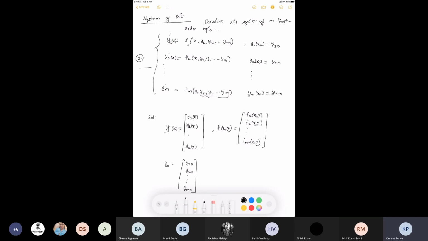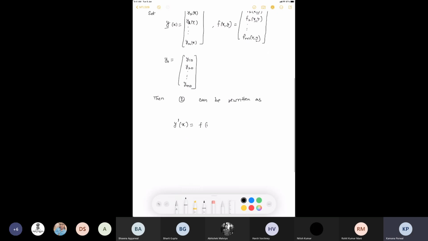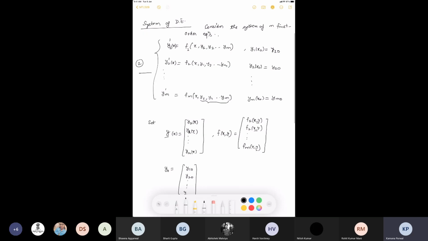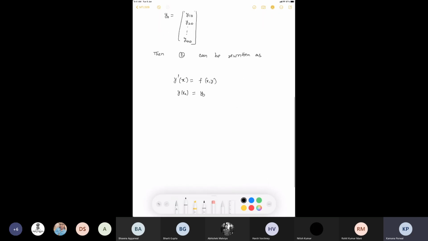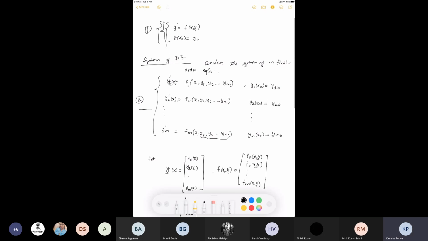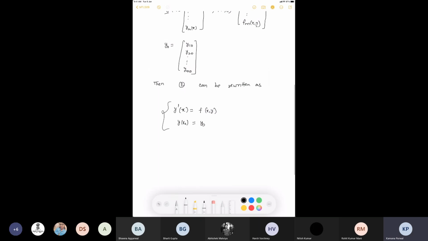If I try to write this in the form of a vector, I get y prime of x equals f of x, y with the initial condition y at x0 equals y0. Okay, so you can see that we could reduce this system of differential equations to this form. The only thing to keep in mind is that now y, f and y0 are all vectors here. So the methods which we have learned can be suitably extended to this vector setting.